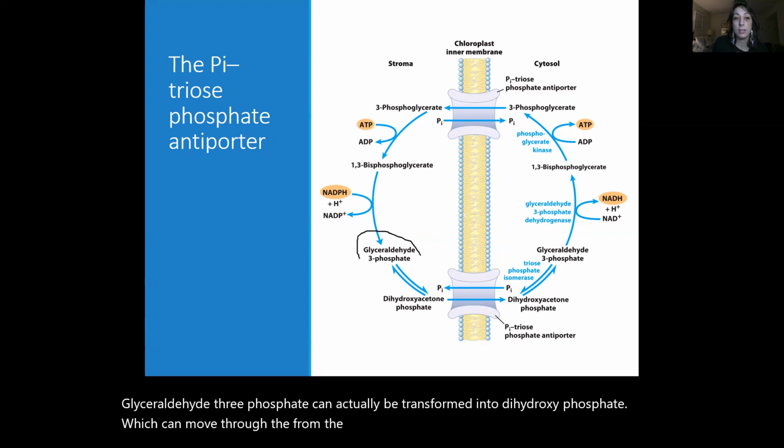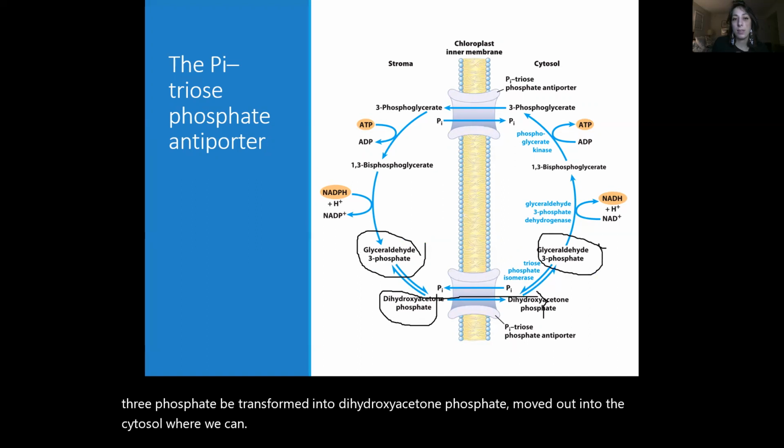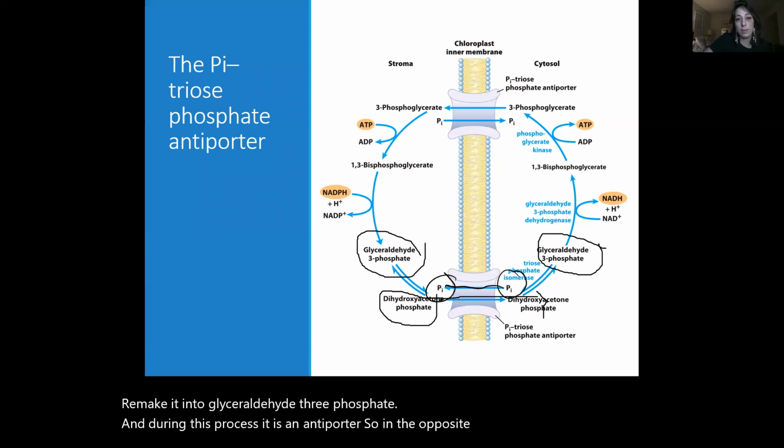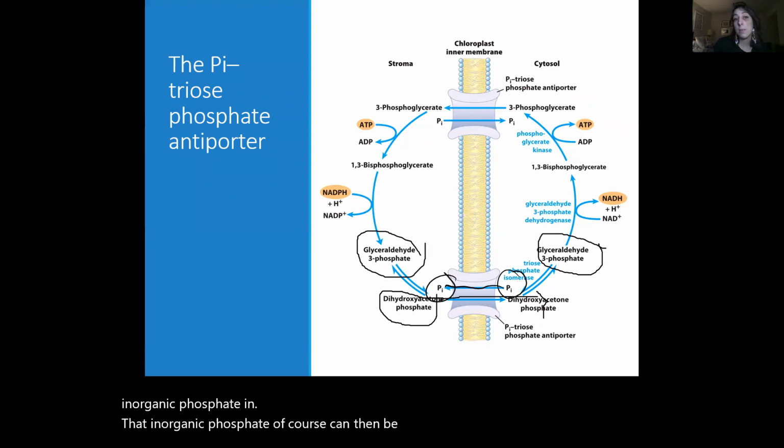So here's our glyceraldehyde 3-phosphate, transformed into dihydroxyacetone phosphate, moved out into the cytosol where we can remake it into glyceraldehyde 3-phosphate. And during this process, it is an antiporter. So in the opposite direction, we're moving an inorganic phosphate in. That inorganic phosphate, of course, can then be used further to make more glyceraldehyde 3-phosphate.